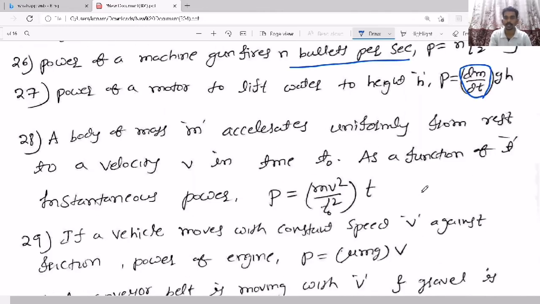A body of mass m accelerates uniformly from rest to a velocity v. This is one simple question: P proportional to v. Use v equals u plus at, one equation you have to apply. Then P equals dW by dt, you apply another equation, so that you can get the power in terms of time.